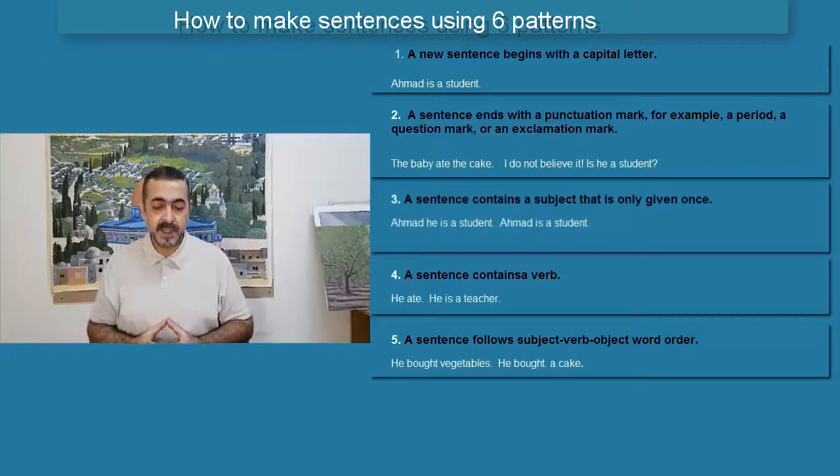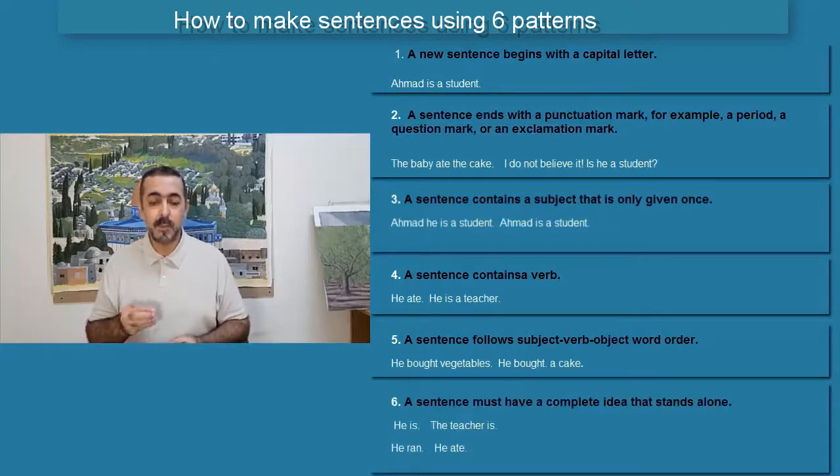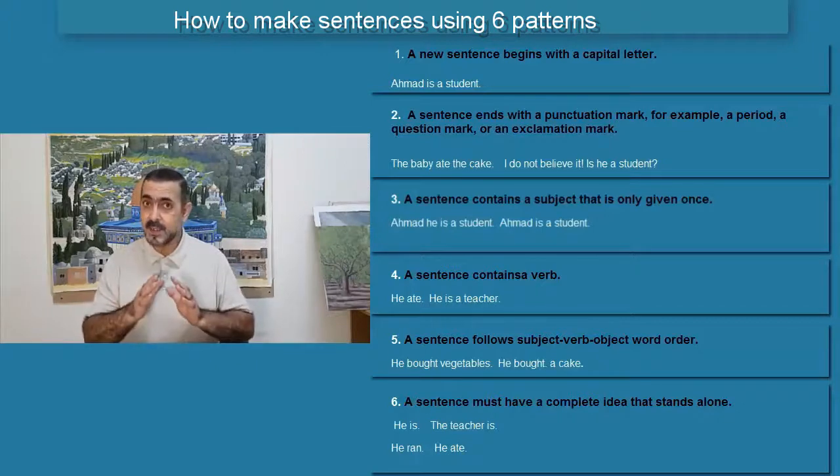Finally, number six, a sentence must have a complete idea that stands alone. In other words, we need to understand the sentence. So having a subject and a verb is not enough to make a sentence. If we say he is, or we say the teacher is, and we stop, that's not a sentence.